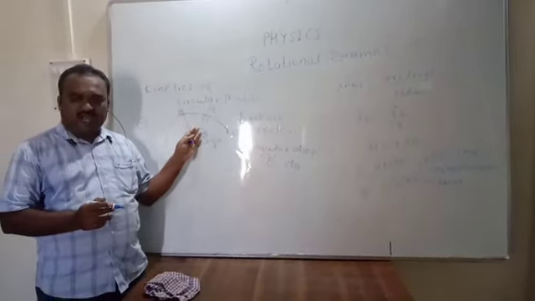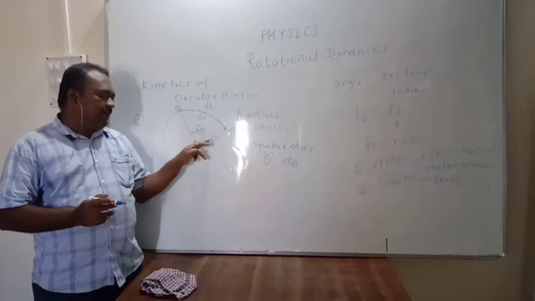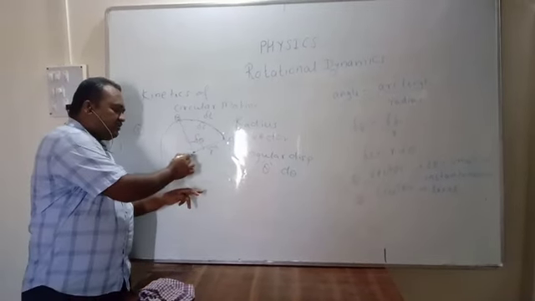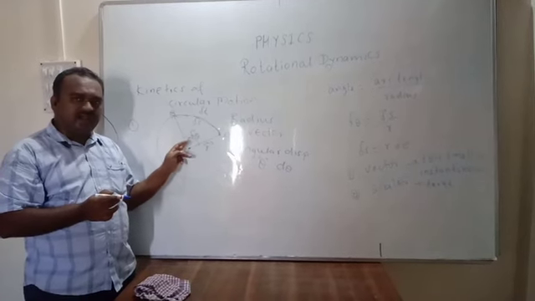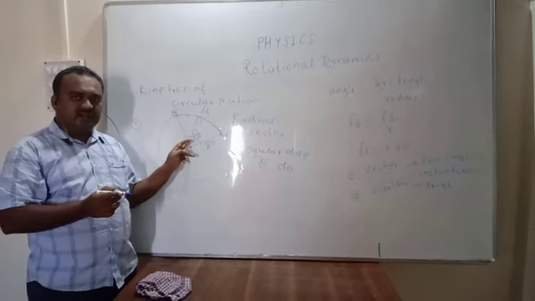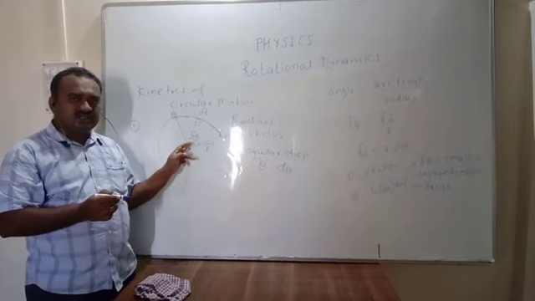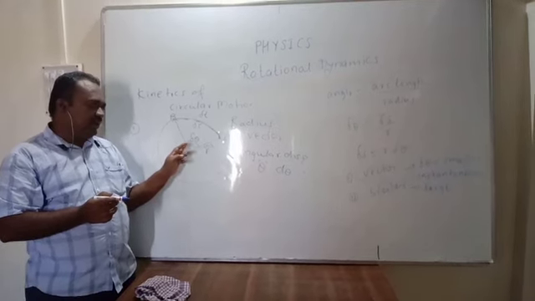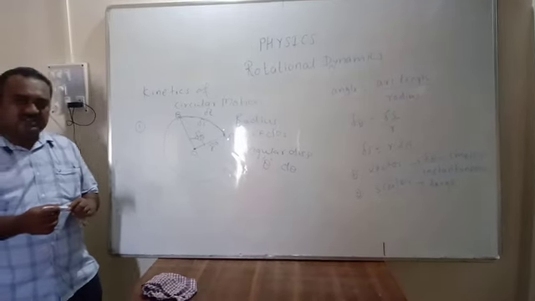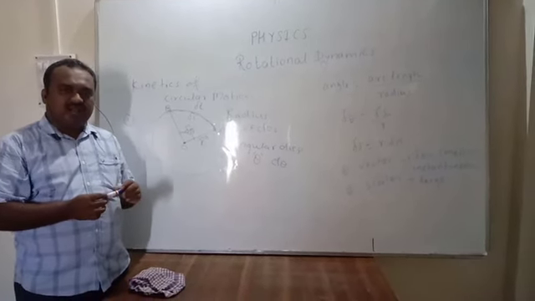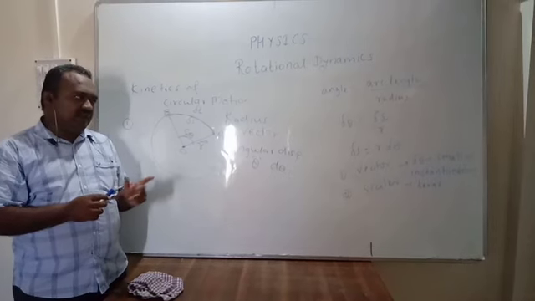The definition of angular displacement: the angle made by the radius vector at the center of the circle is called the angular displacement. It is scalar as well as vector.